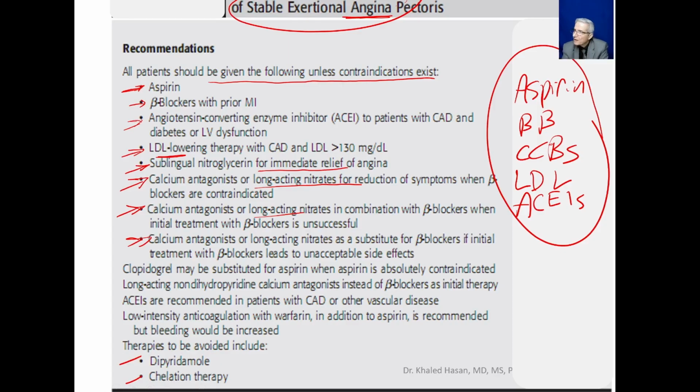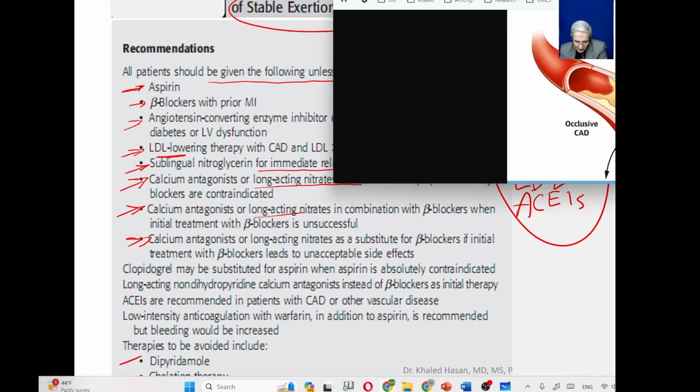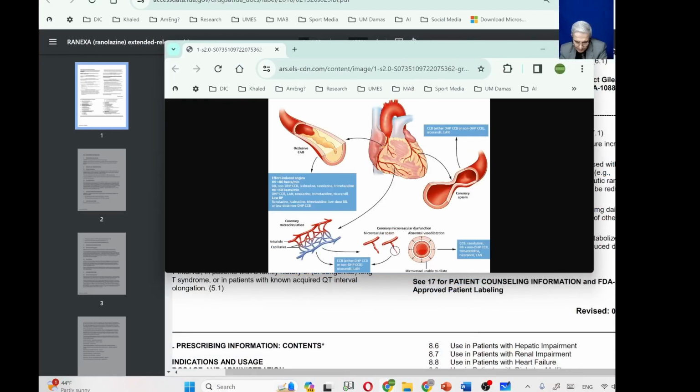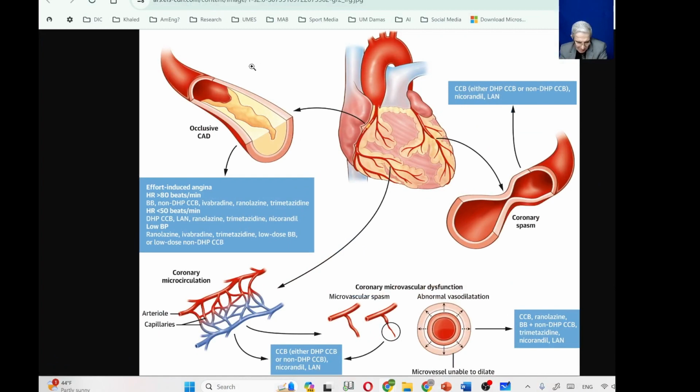So I will go back again to show you a picture. This picture here is from the website, I think it comes from ResearchGate, and it shows us the types of angina. We can see the coronary spasm type, Prinzmetal angina.